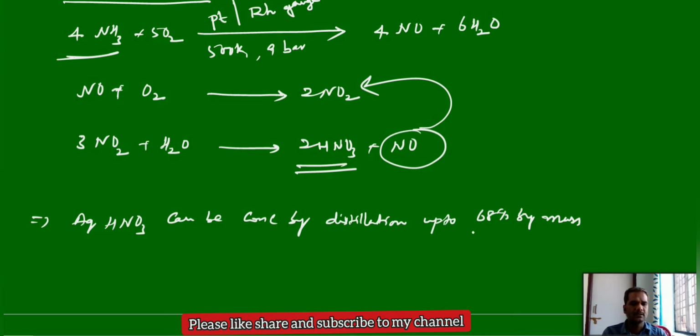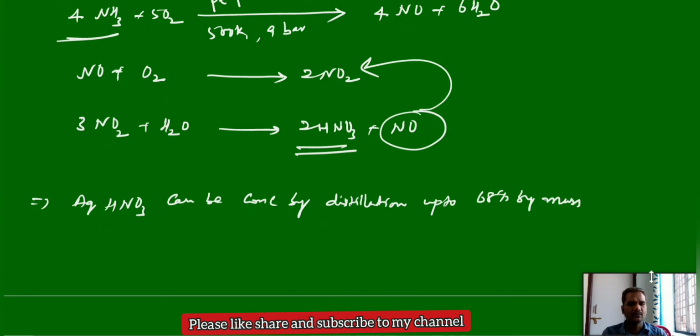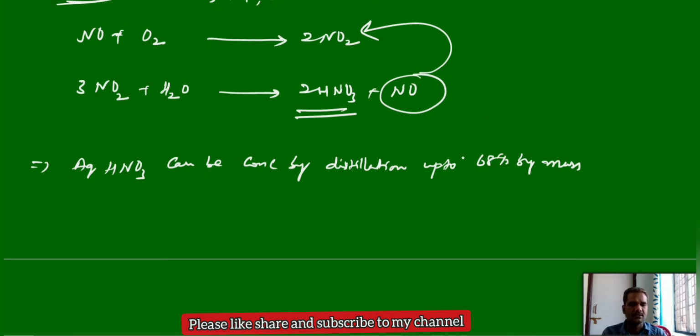But further, to get the pure form of nitric acid, approximately 98% of nitric acid, we have to remove the moisture from this, we have to dehydrate it. So by the help of dehydrating agent, we can further concentrate this nitric acid.